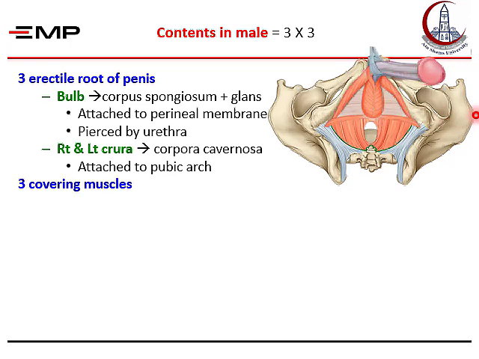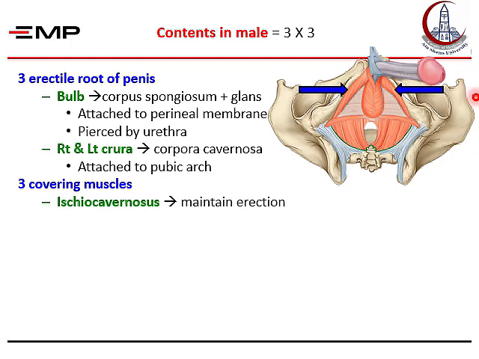There are 3 covering muscles that cover these erectile structures. Those on the sides are called ischiocavernosus. It covers the crus of the penis, and when it contracts, it keeps the crus and the corpus cavernosum engorged with blood, preventing return of blood from them. So it maintains erection.